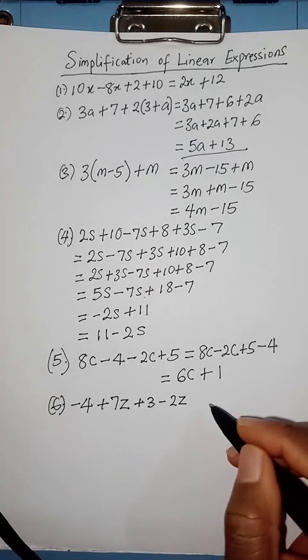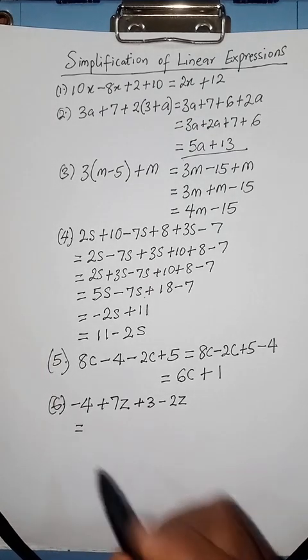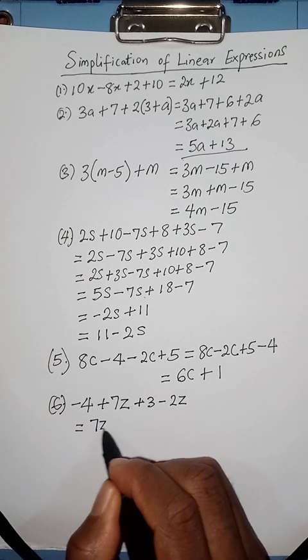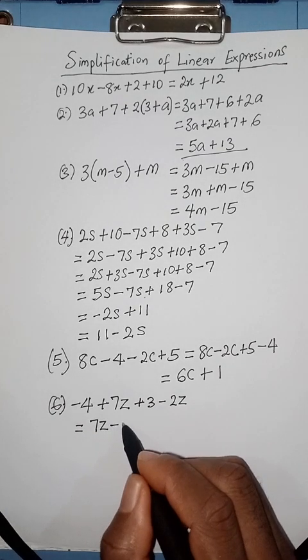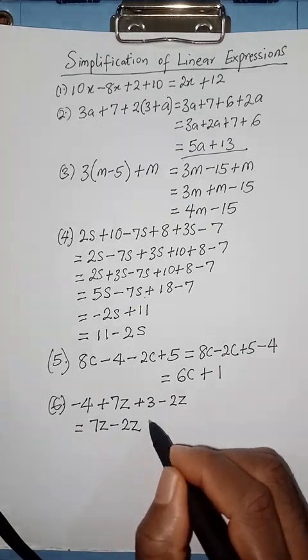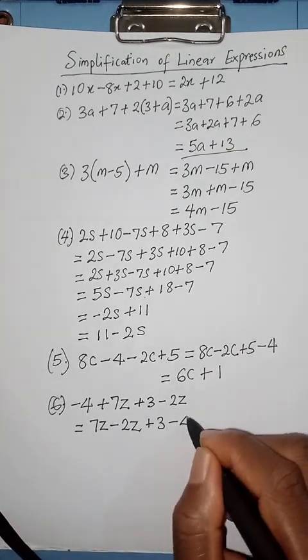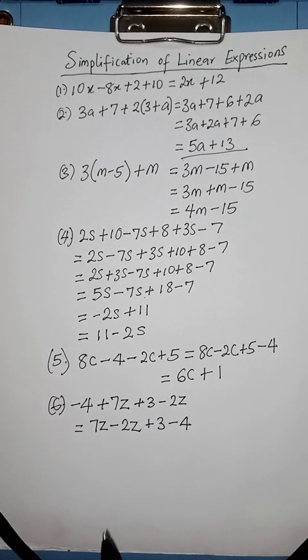Now this will become 7z minus 2z plus 3 minus 4. So when you rearrange your expression, you have to be very careful of the sign. Wherever the values go, the signs will follow.